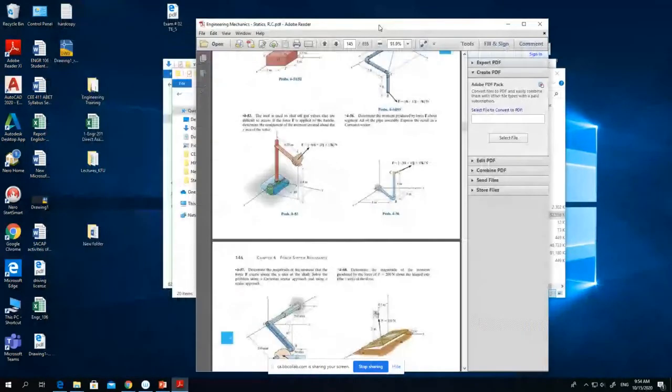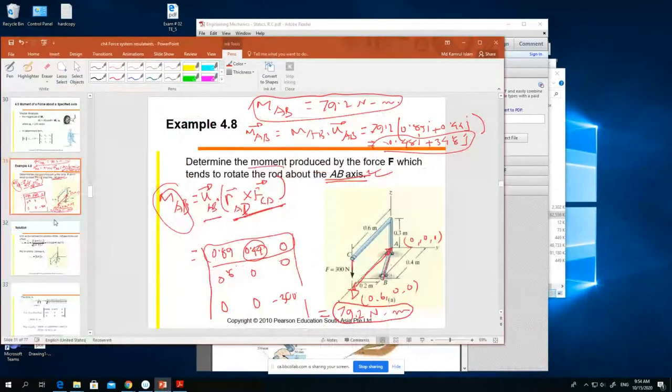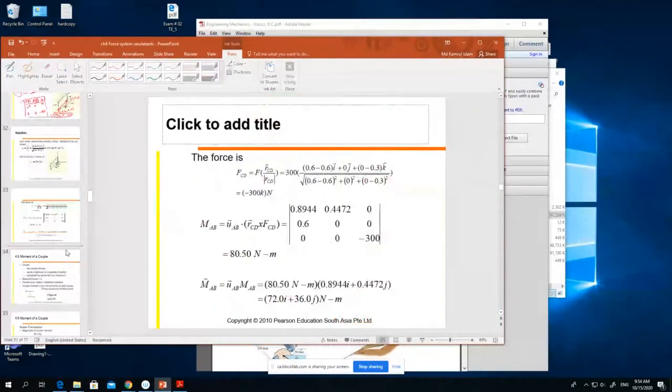So we'll do one now from one exercise problem. Exercise problem one.